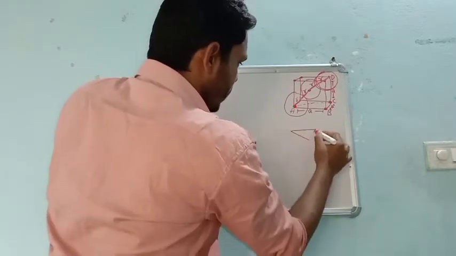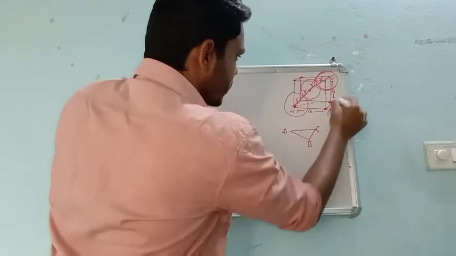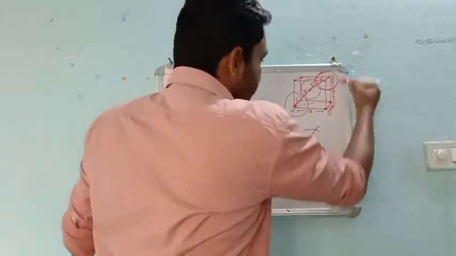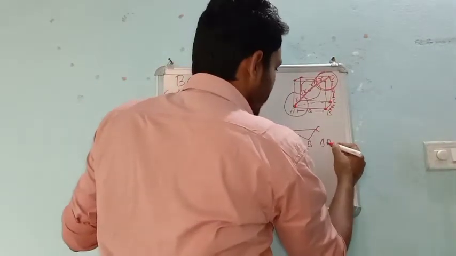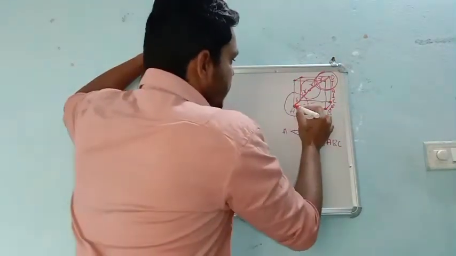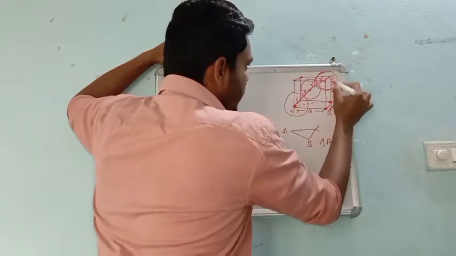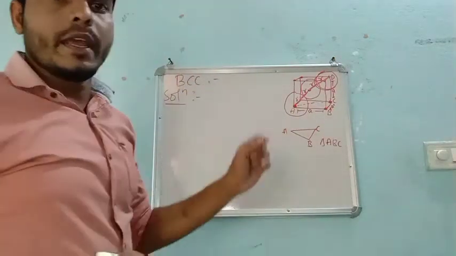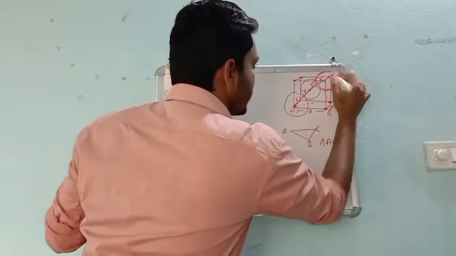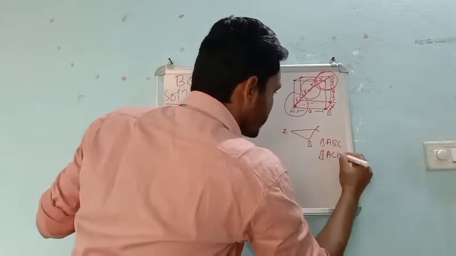If I draw like this, then this is A, this is B and this one is C. So triangle ABC, and then one more triangle, ACD. Like this, one more upper triangle ACD.